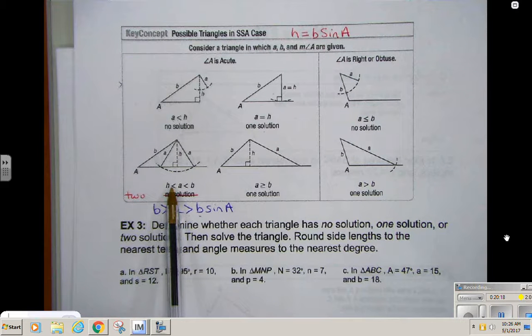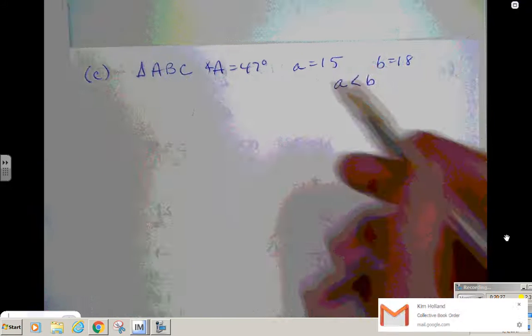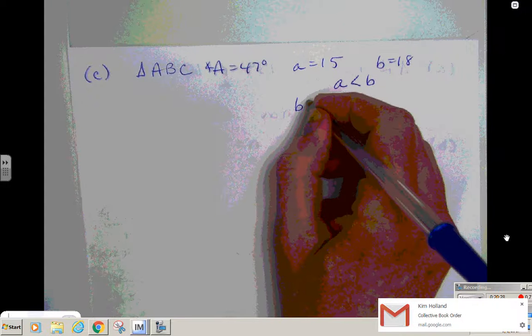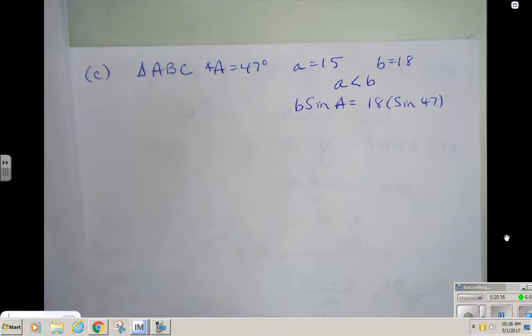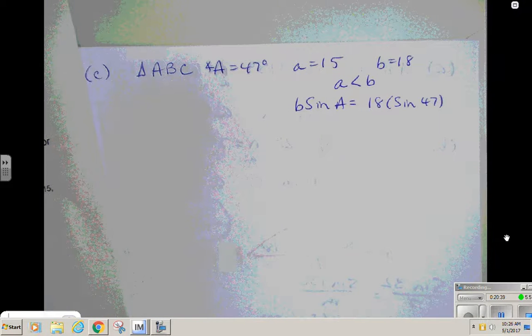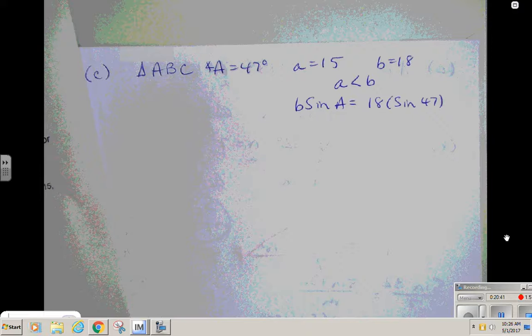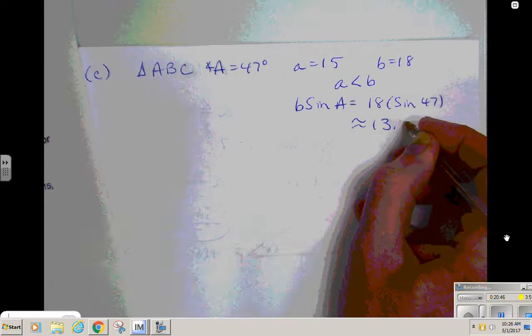So what I need to do is check B times sine A and see if A is bigger than B times sine A. So 18 times sine of 47. And I'm getting about 13.2.